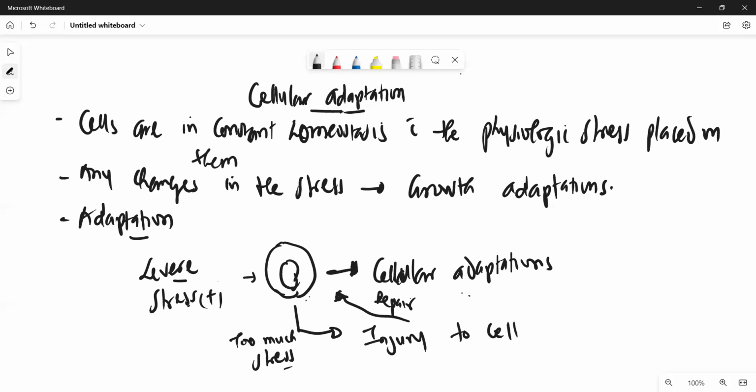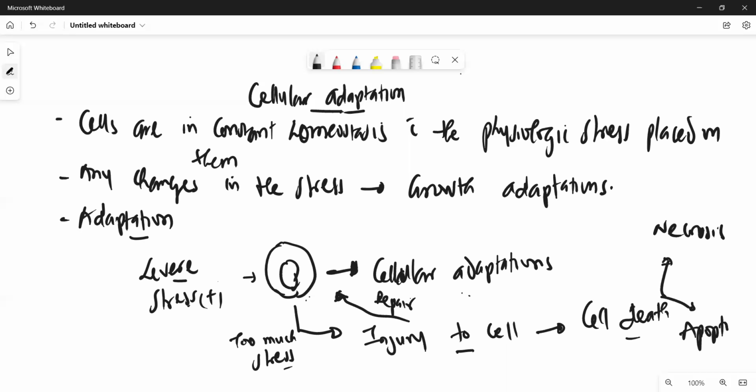And of course, if the injury is too much, it can lead to what we call cell death. So it can kill the cell. And there are two major ways that a cell can die, which we want to talk about later. The cell can die by necrosis, or it can die by apoptosis. And of course, we're going to cover all these topics later.